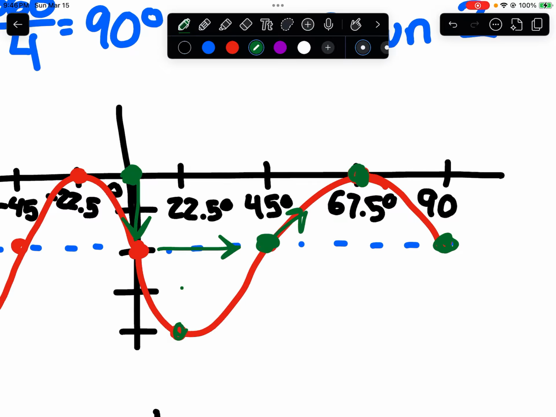So there's one full cycle, and then if I kept going, I hit my maximum, back down to the middle, hit the minimum, come back up to the middle, and that should be 2 full cycles. If this is my starting point, I have a half a cycle going to the right and 1.5 cycles going to the left. Okay. Now that is one way that you could graph a translated sine or cosine function.